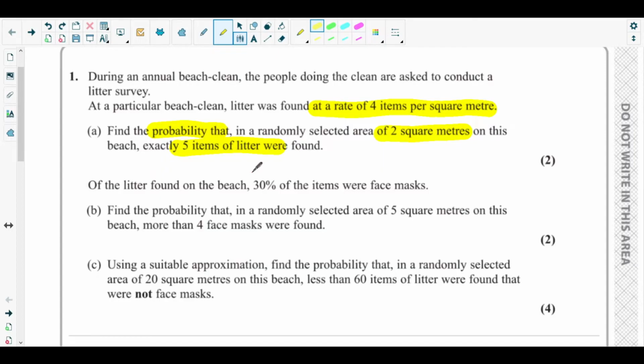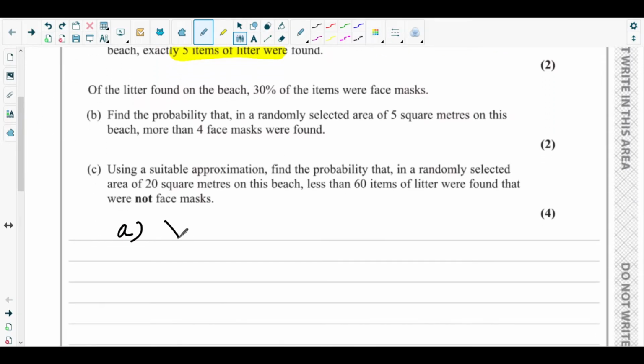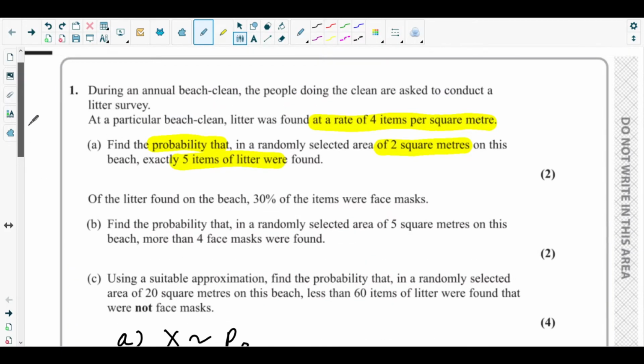So first write the distribution of the data. We consider this as X, so X follows a Poisson distribution, and we know that for the Poisson distribution the rate is dependent on the size, or you can say it is dependent on the interval.